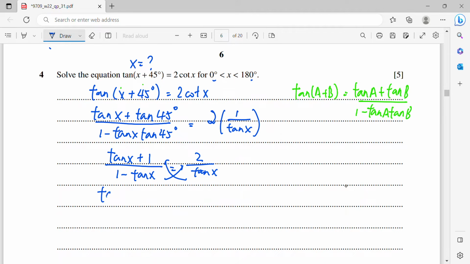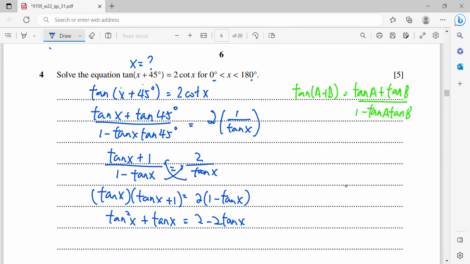So tangent x multiply with tangent x plus 1 is going to be 2 brackets 1 minus tangent x, right? So now do expansion, you'll be getting tangent square x plus tangent x on the left hand side. And then for the right hand side, 2 multiplied by 1 minus tangent x is going to be 2 minus 2 tangent x.